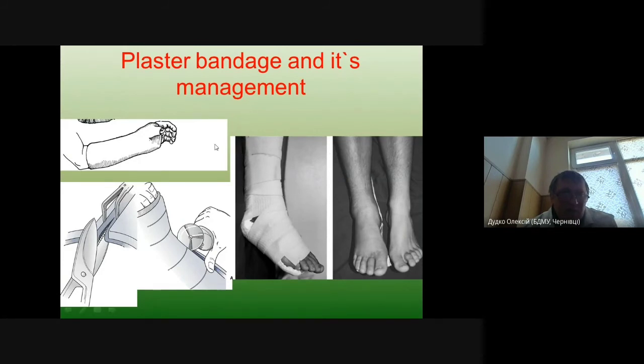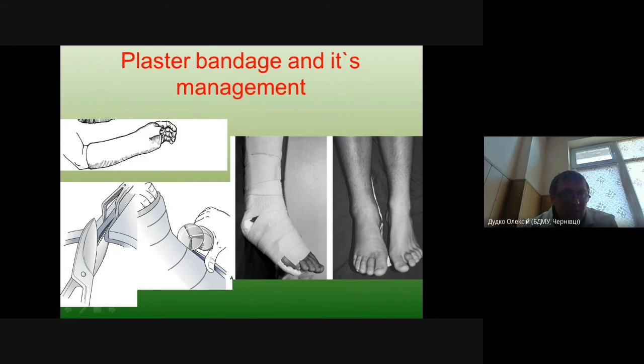If you look carefully, circular bandage is applied in such a way that the distal part, the fingers, you can watch them. That's an important point, because if the POP bandage is compressing nerves and arteries, there will be loss of sensation.